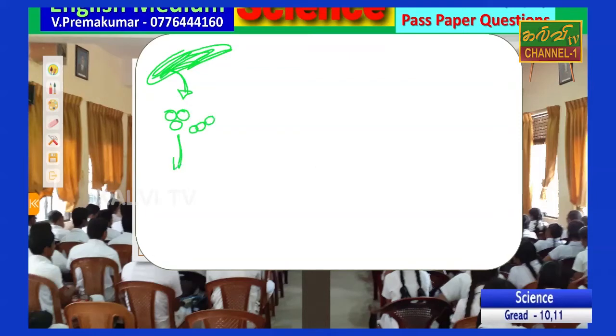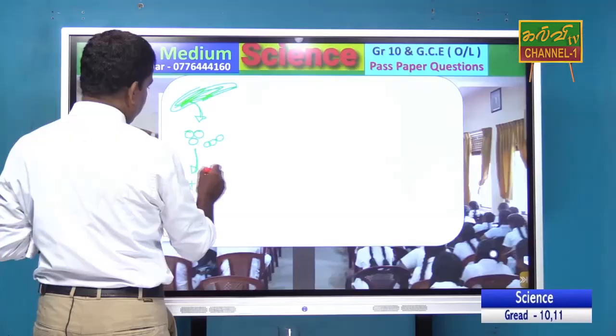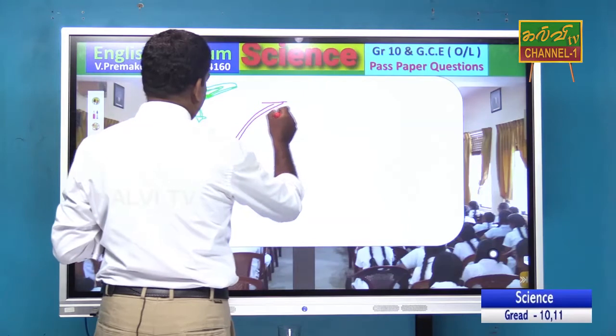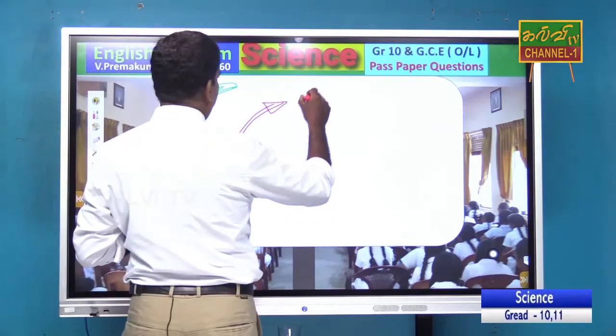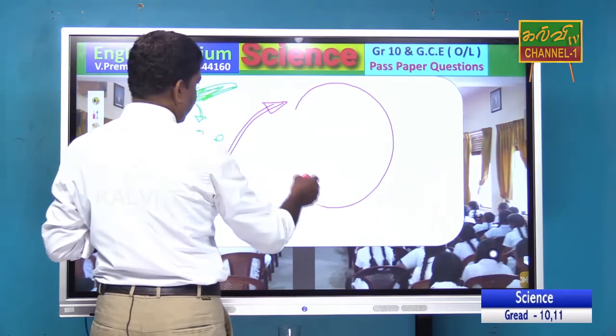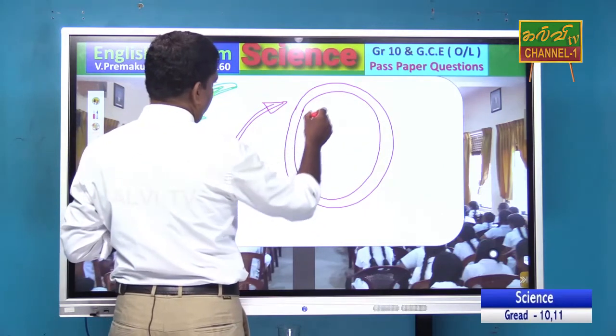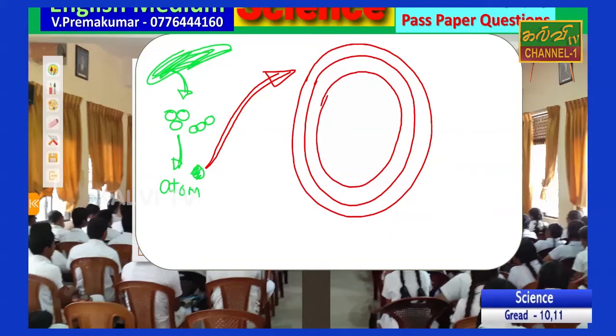Then we find atoms, the small particles. When we analyze the atoms, they have orbits, and inside them they have some subatomic particles.